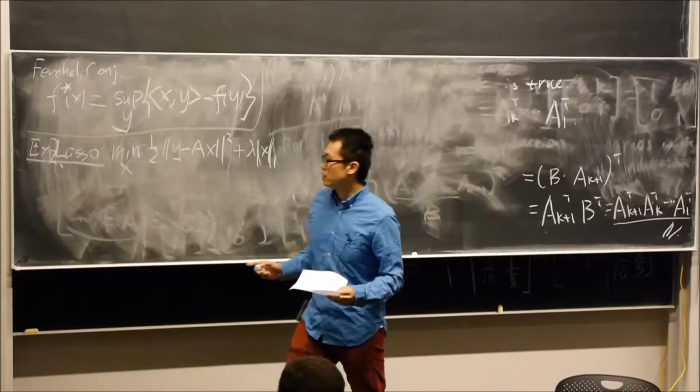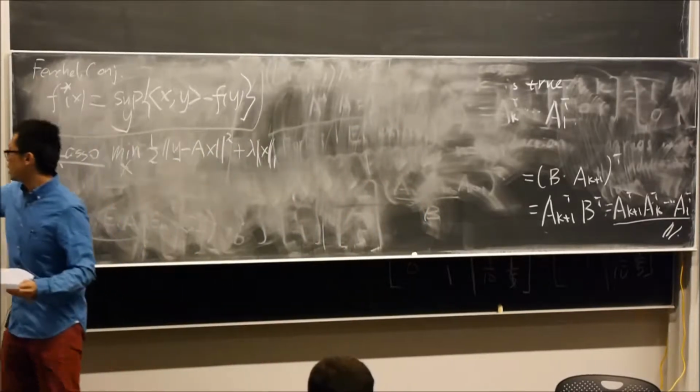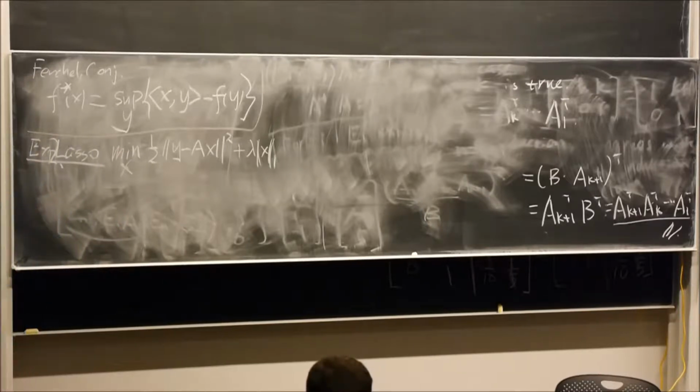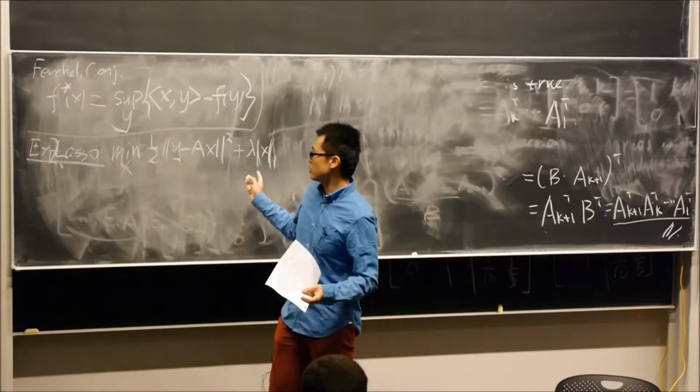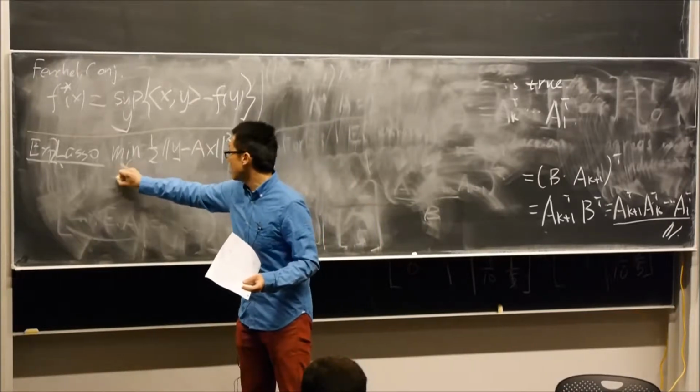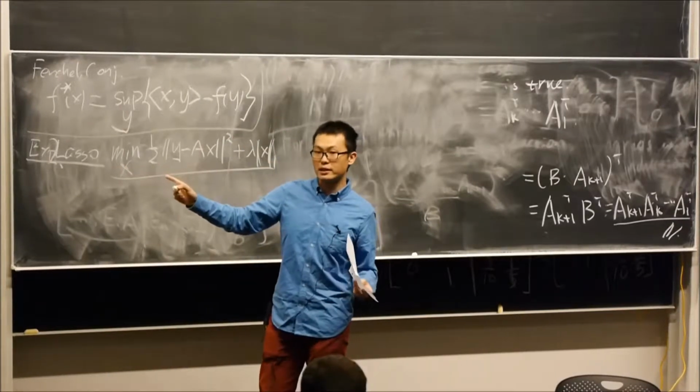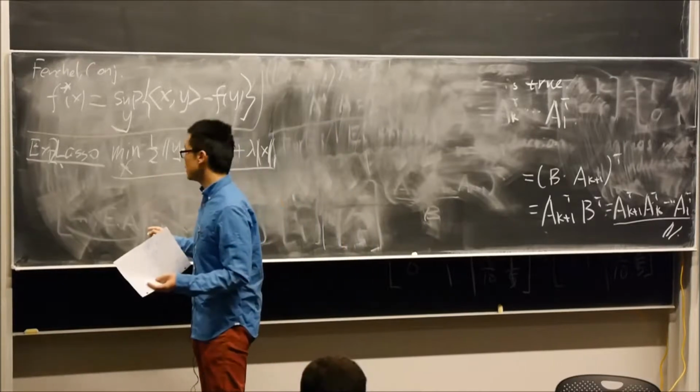In order to write a Lagrangian, we need to add a dual variable here. So what do we do? The common trick is to rewrite the primal objective into a constraint form and then adopt the same technique.